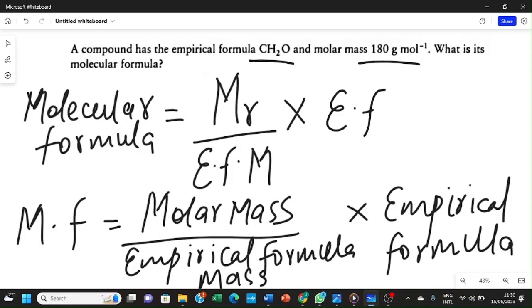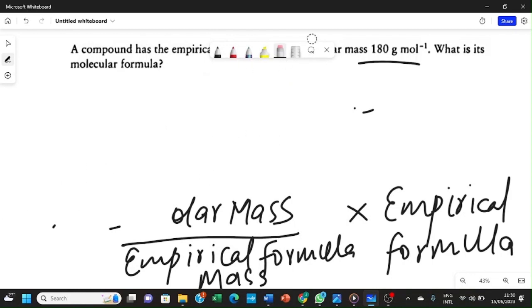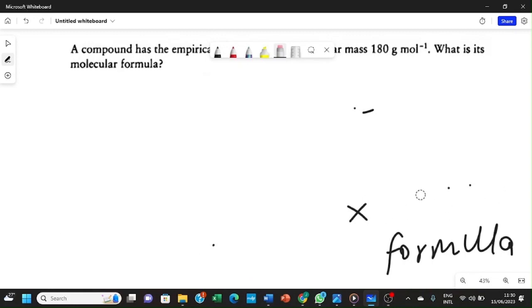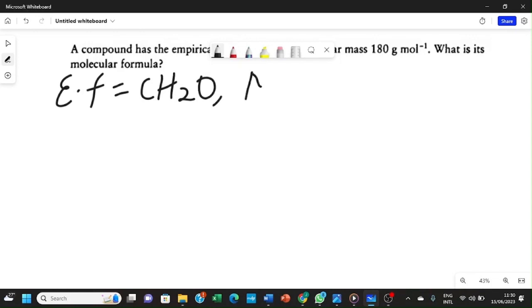Now let's apply this formula. Please, I want us to listen attentively so you get the best out of this class. Having written down the formula, now let's apply it in solving this particular question. We have the empirical formula, CH2O, and the molar mass, 180.